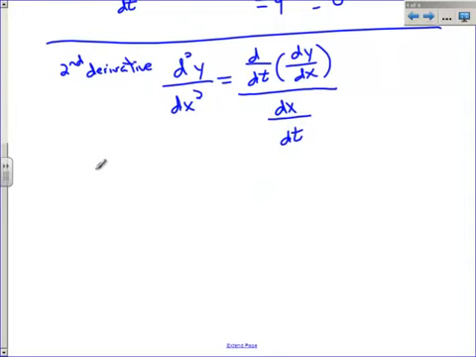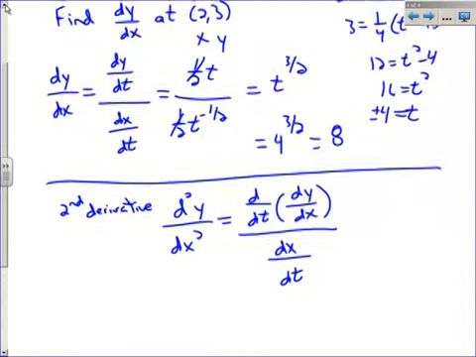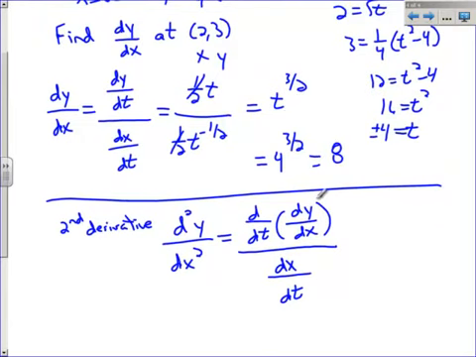So let's do that with our example we just had. If we take d/dt of our dy/dx, which was t to the 3/2, that's going to be 3/2 t to the 1/2.